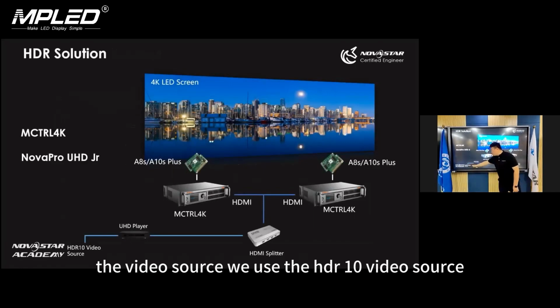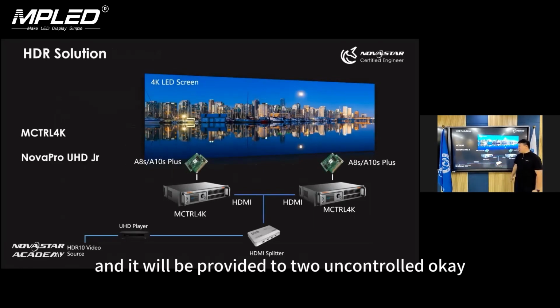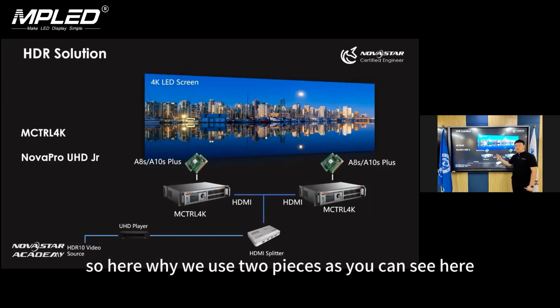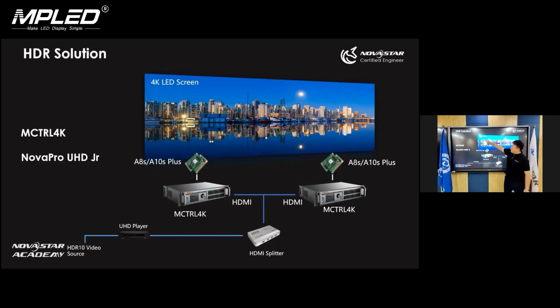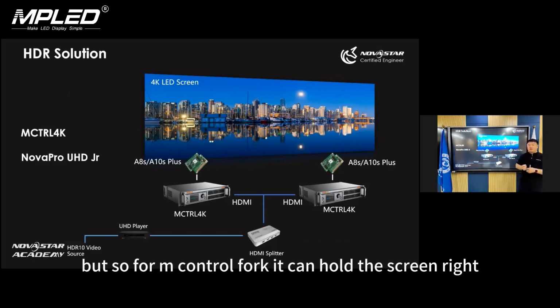The video source, we use the HDR10 video source, and it will be provided to ARM-Control 4K. So here, why do we use 2 pieces? As you can see here, the screen resolution is 4K. For ARM-Control 4K, it can hold the screen, right?